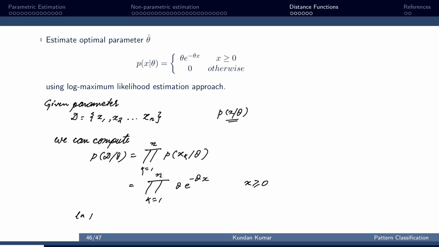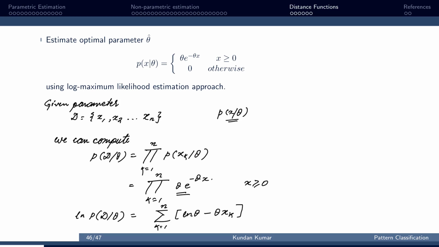So ln of p of D given theta equals, when we compute it, the multiplication will turn to summation, and these two terms are also in multiplication, so it will be ln theta minus theta xk, since ln and exponential cancel out.